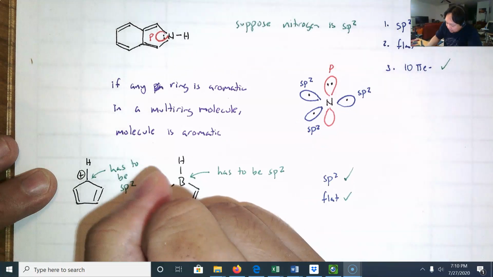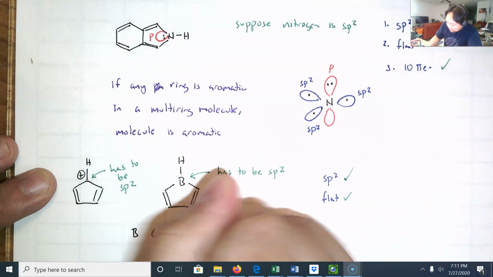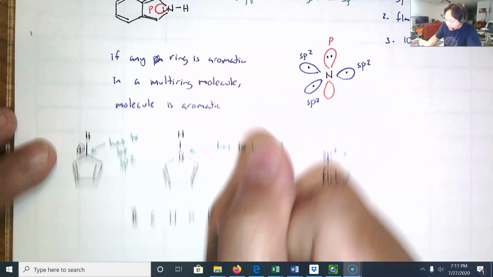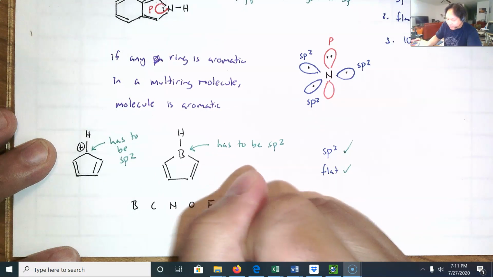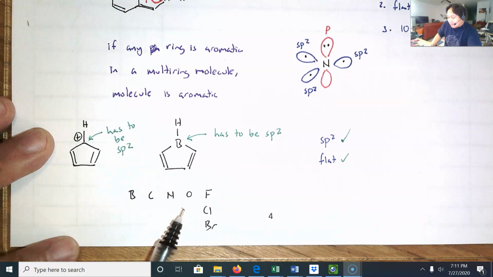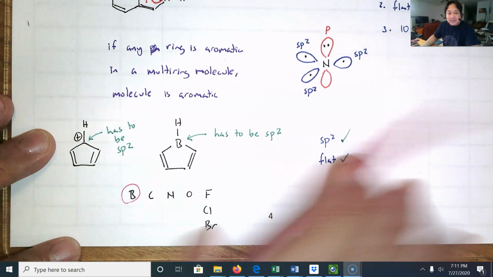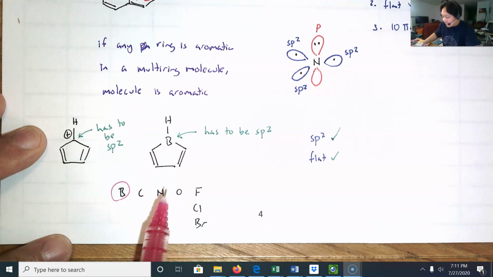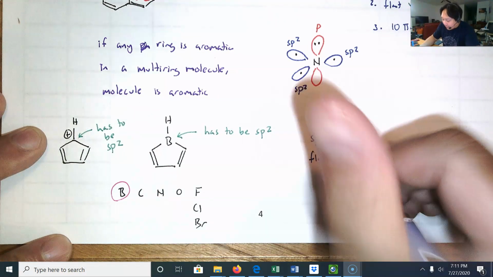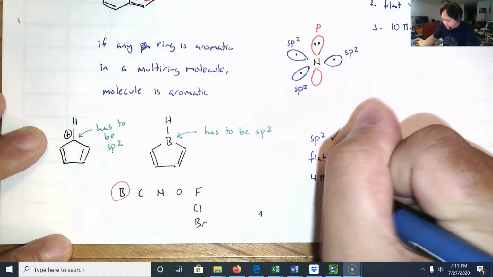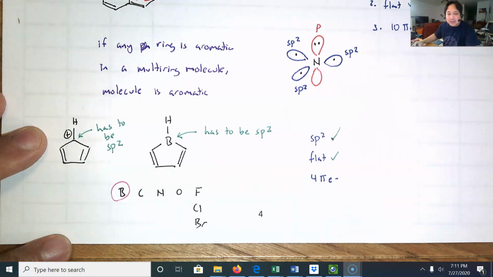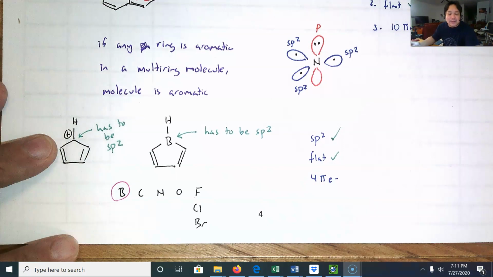You have a boron, carbon, nitrogen, oxygen, fluorine, and underneath you have, I think, chlorine and bromine. 7 valence electrons, 6, 5, 4, 3 valence electrons for boron. So there is no lone pair on boron. Those 3 valence electrons are participating in bonds. So this only has 4 pi electrons. And I say only because I was hoping it had 6, so it could be aromatic.